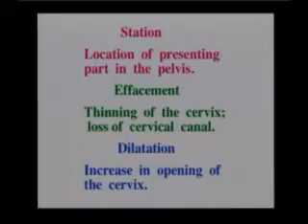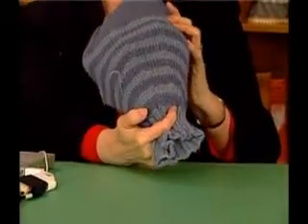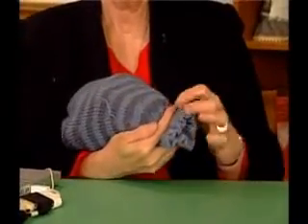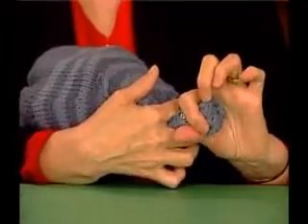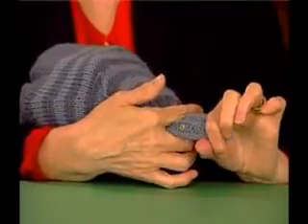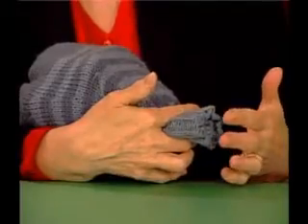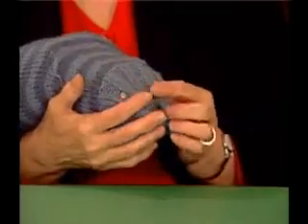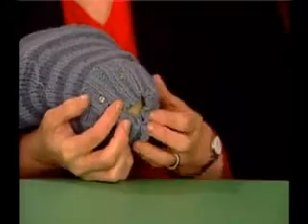So if we take a look at this, now we have a baby in the uterus, and here's your cervical canal right here. The baby can't come out as long as this cervical canal is present. It has to disappear. And this is effacement when it just pulls back like this. So now we have full effacement.